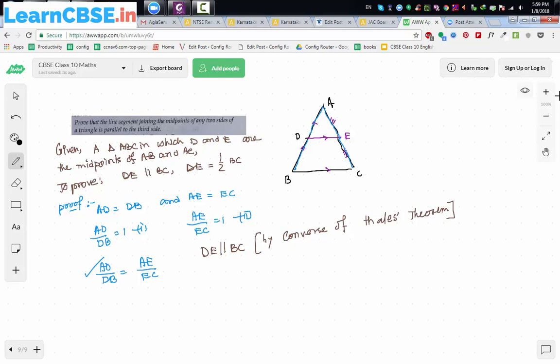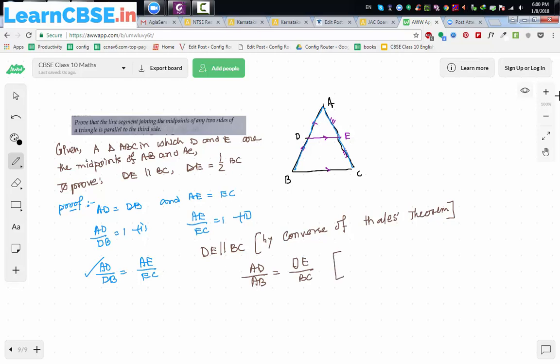Now we need to prove that DE is half of BC. That we can also prove. We can write from the Thales theorem that AD by AB is equal to DE by BC, or you can even use similarity.